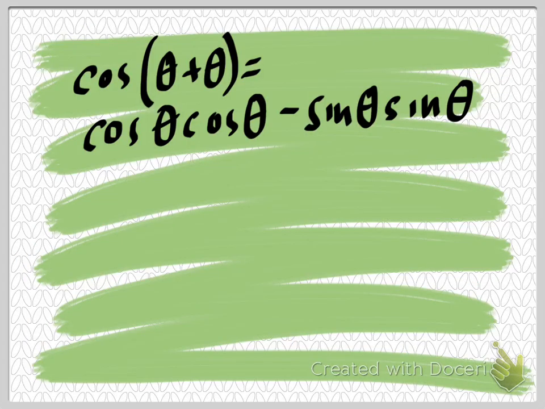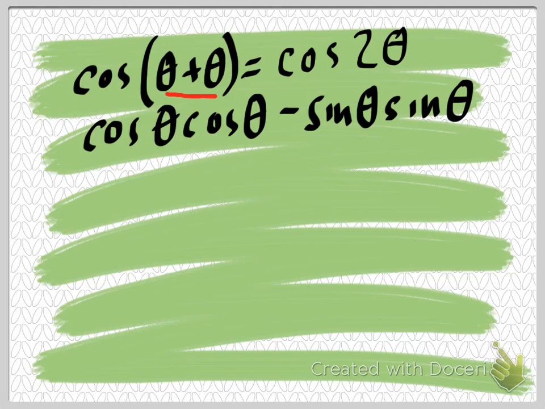So if we took cosine of theta plus theta, I'm sure you would come to the conclusion that theta plus theta is the same thing as 2 theta. So when I say cosine of theta plus theta, really I'm thinking of cosine of 2 theta. So here's double the angle. That's what these formulas are based on.